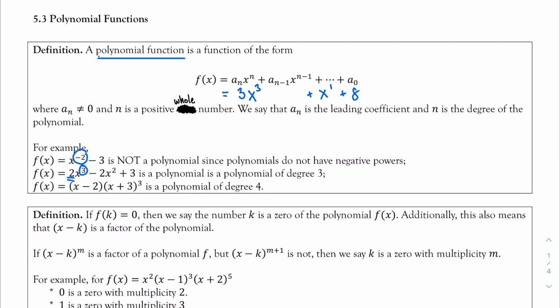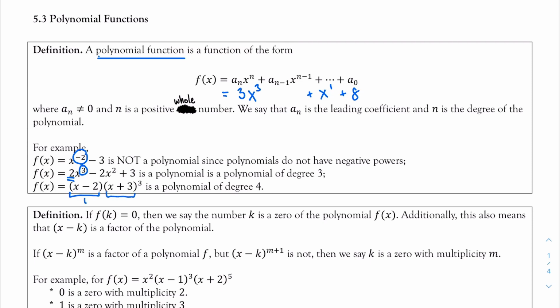And for the last one, this one looks a little bit different. This is still a polynomial because I can rewrite it to match my polynomial form. It's actually just factored. Despite the fact that it's factored, we can still determine the degree of the polynomial and the leading coefficient. So this is a polynomial of degree 4. The reason that I know this is that from this first term, I have x to the 1 power.